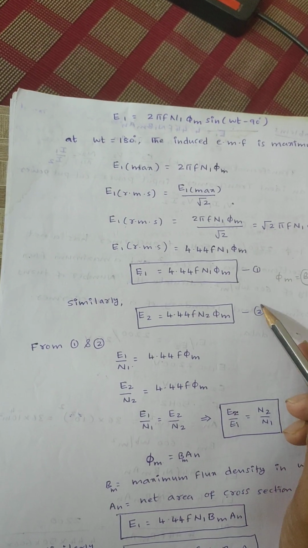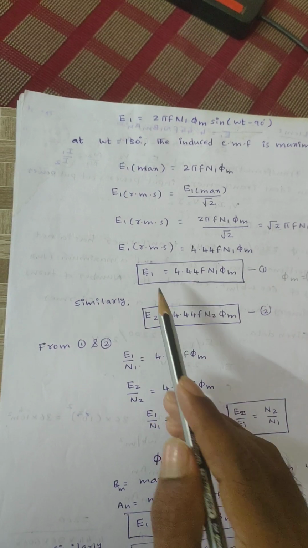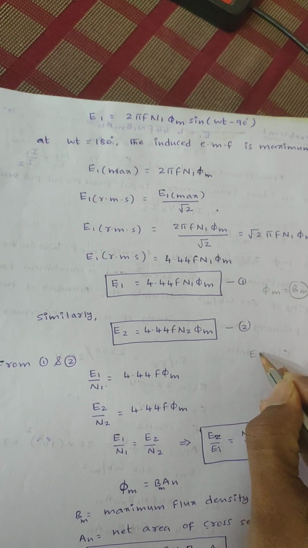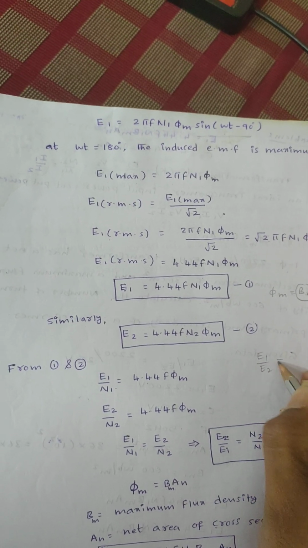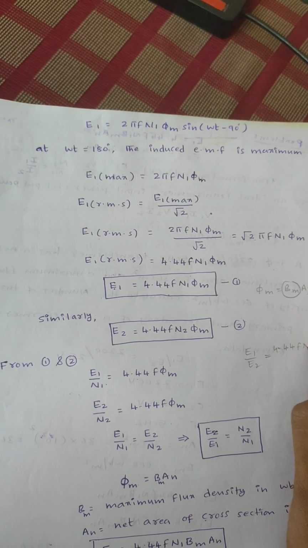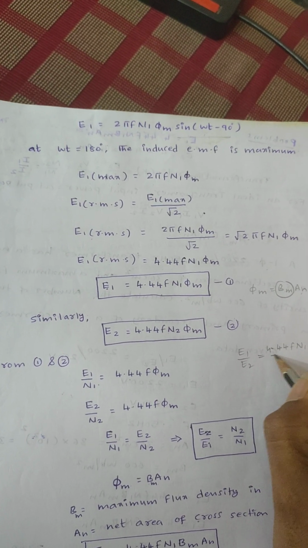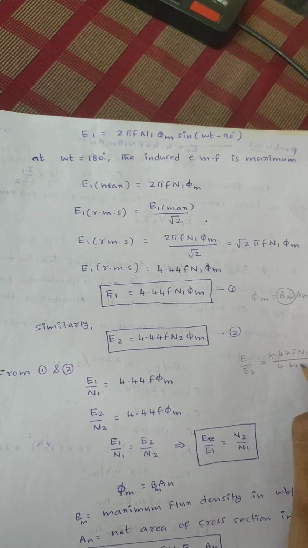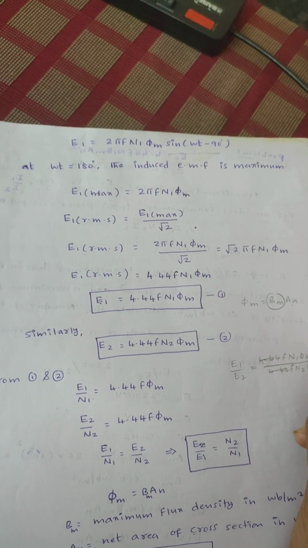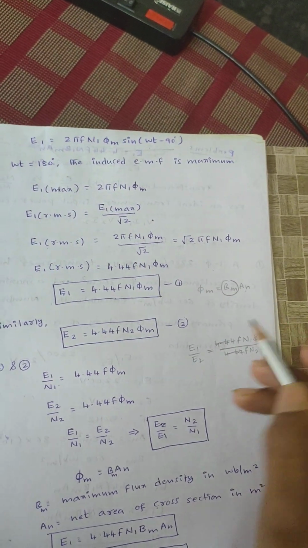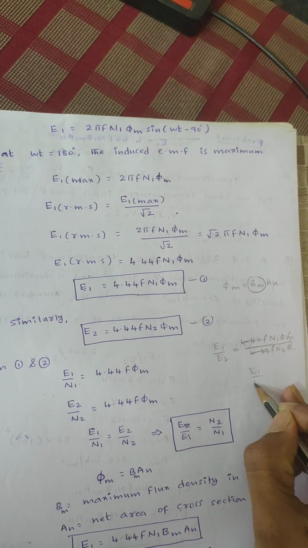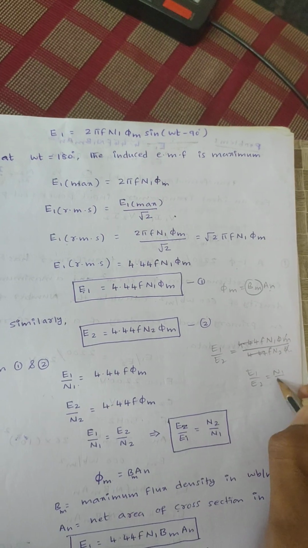If I write E1 by E2, equation 1 divided by equation 2, E1 by E2 equals 4.44 f into N1 into phi m by 4.44 f into N2 into phi m. The 4.44 f phi m cancels, so E1 by E2 equals N1 by N2.